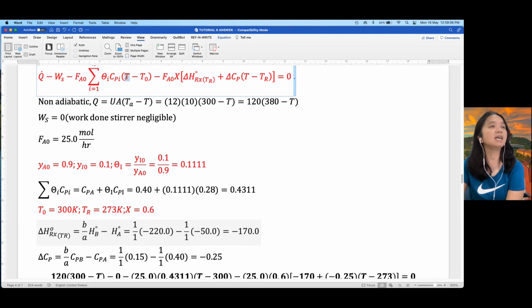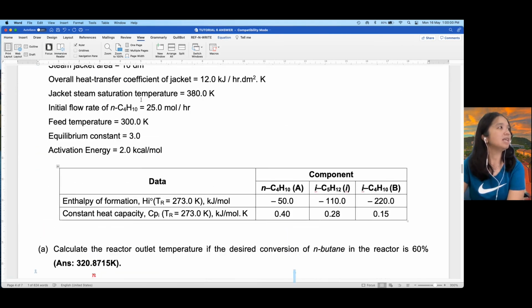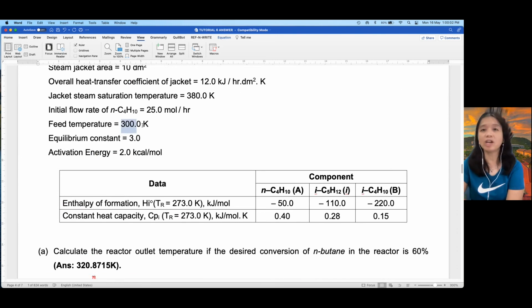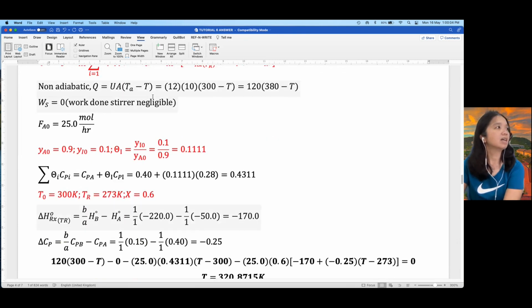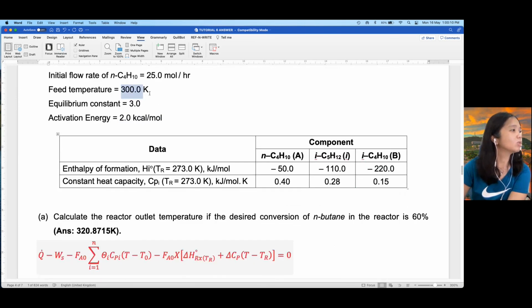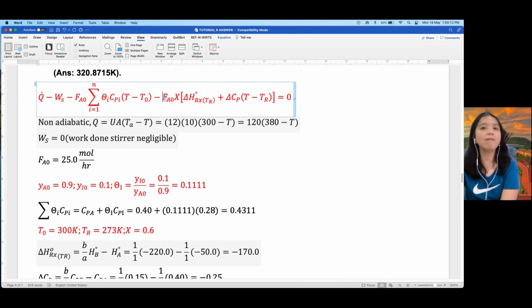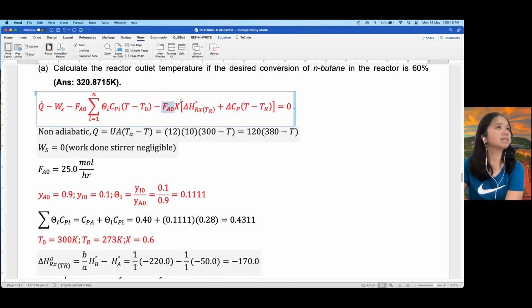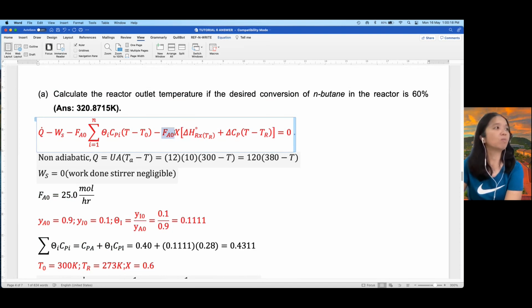T is what we want to find, so we leave it. T naught is the inlet temperature, the feed temperature, which is 300. Done. Next is the back part. FA naught is once more 25. X is 60%, so X is 0.6.